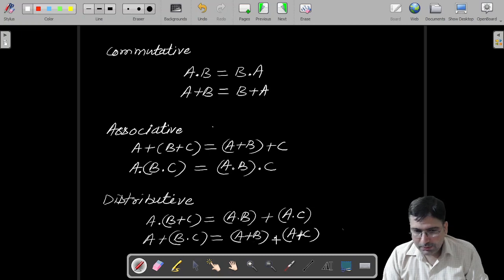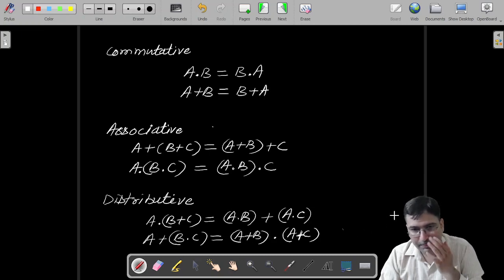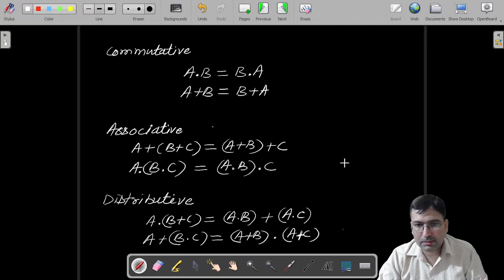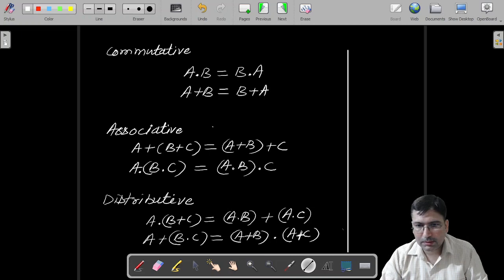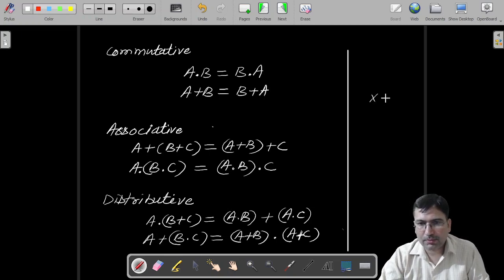But generally in mathematics, if you compare, this is Boolean algebra. If I talk about mathematics, this distributive property, let's say I'm taking some symbol, a small a, and I'm multiplying this small a with, let's say, small b plus c, right?